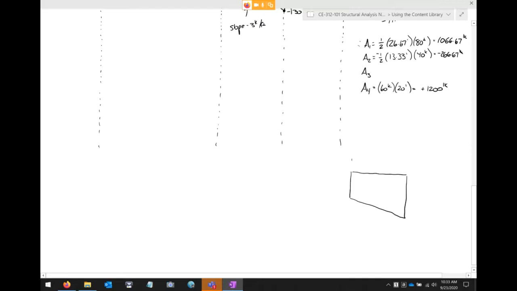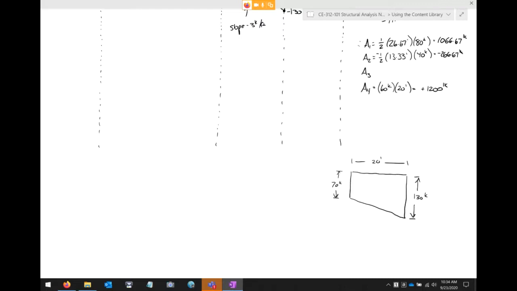This dimension here is 20 feet, and this dimension is 70 kips, and this dimension is 130 kips. Now, you could do this one of two ways. You could split this up as a rectangle and a triangle and calculate each one separately, but here's a really simple way of doing it.